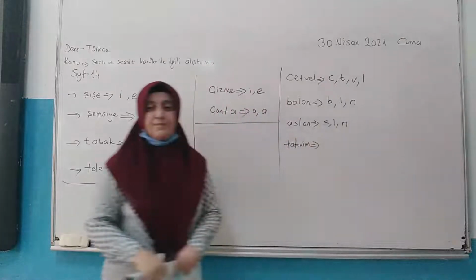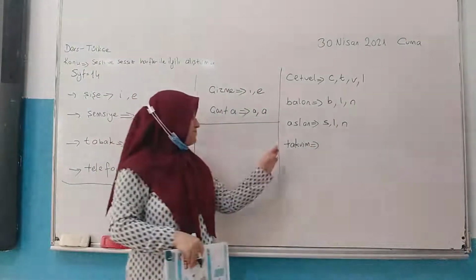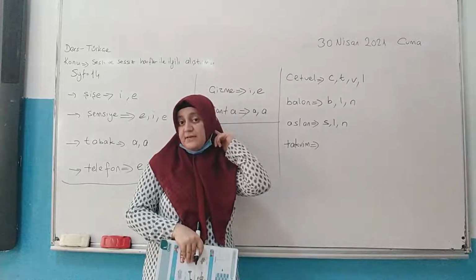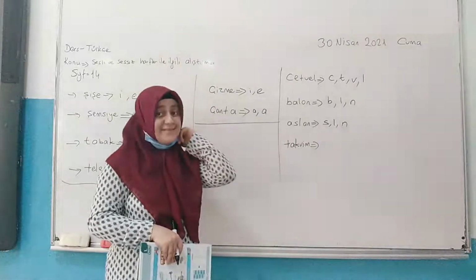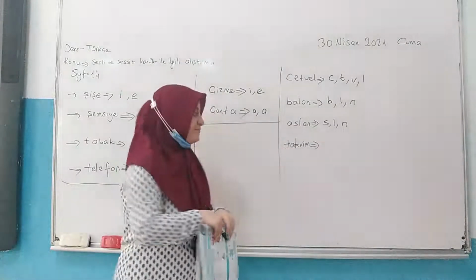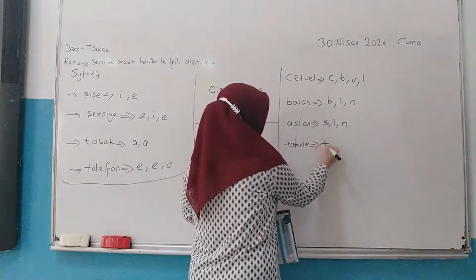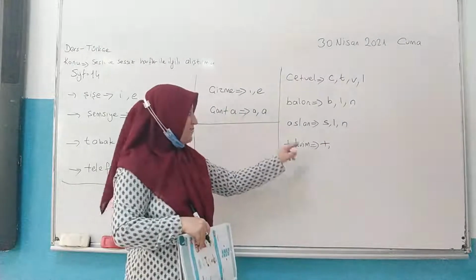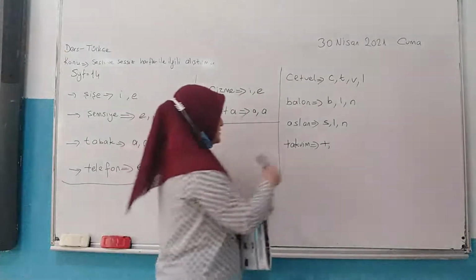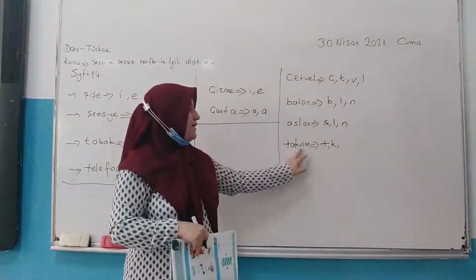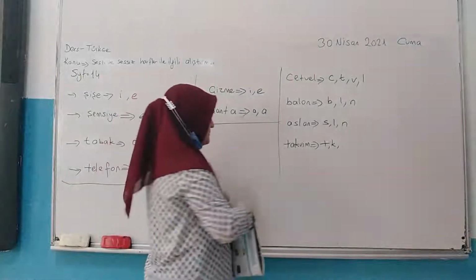Takvim. What does it mean? It is a calendar showing the date and day. Sorry. Takvim. T, the first consonant that we have. A, sesli harf. K, sessiz. V, sessiz.